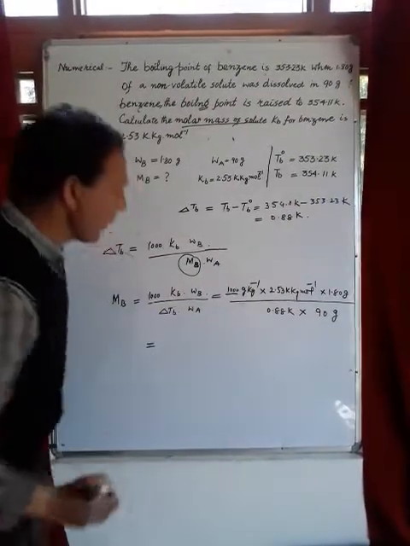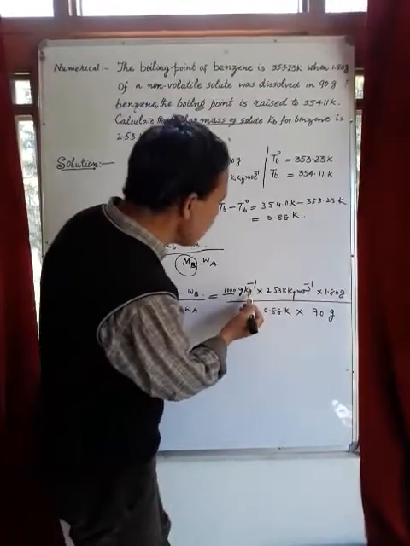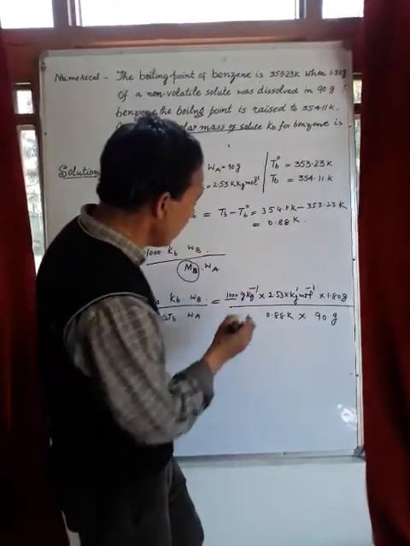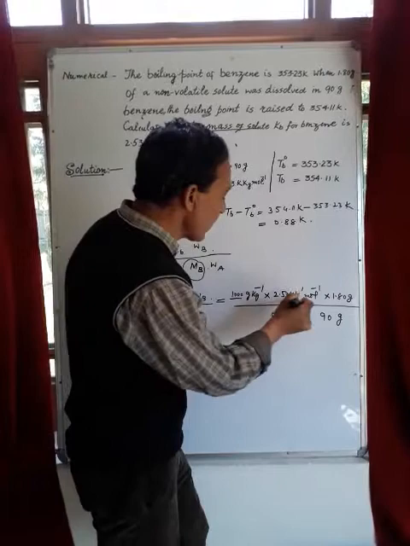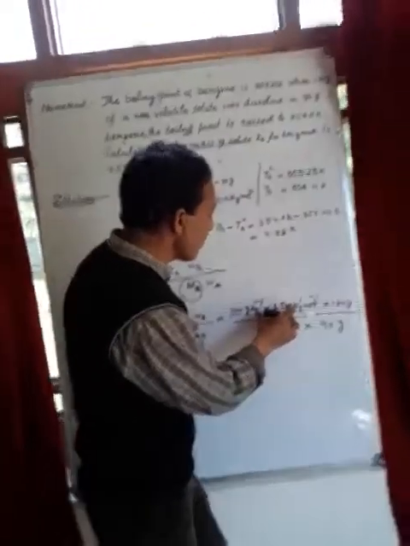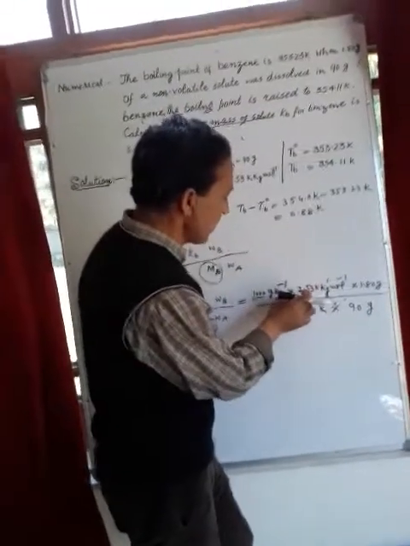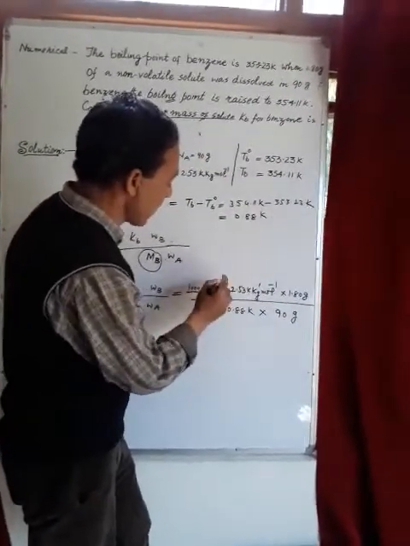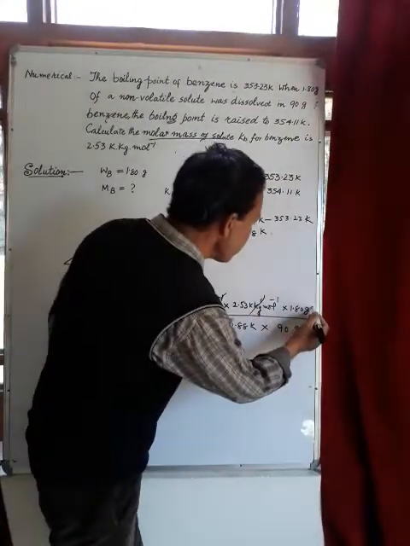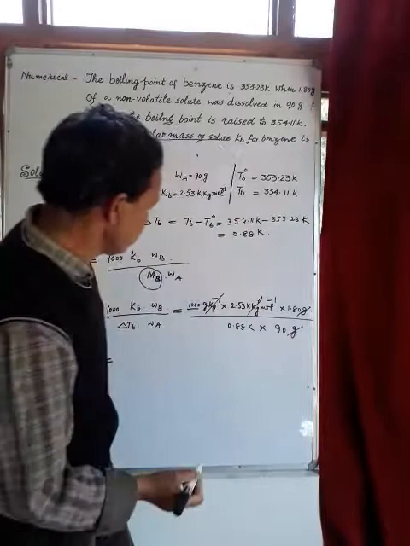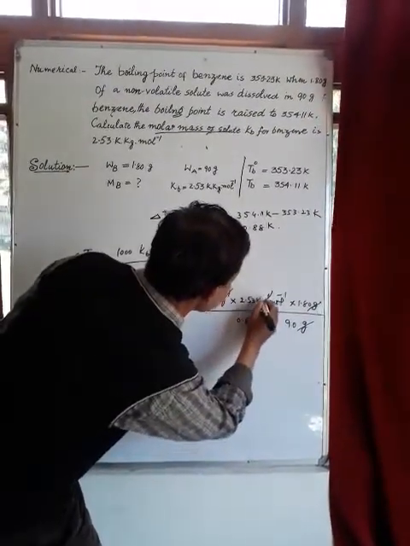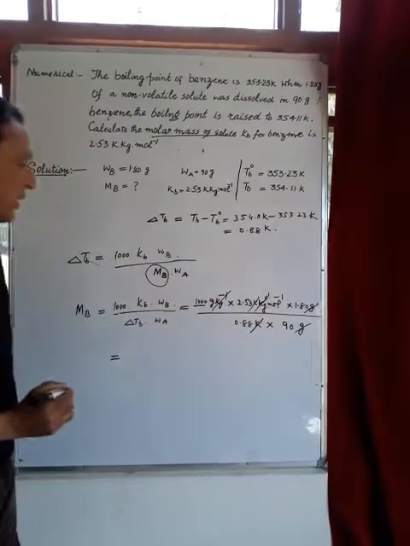That is equal to, अगर हम यहाँ kg लिखेंगे, here the kg means raised power 1, kg raised power minus 1, kg raised power plus 1. In case of the multiplication of indices, when the bases are same, powers are subtracted, तो ये और ये cancel हो जाएगा. It is gram here, it is gram here. It is Kelvin, Kelvin और Kelvin cancel हो जाएगा.